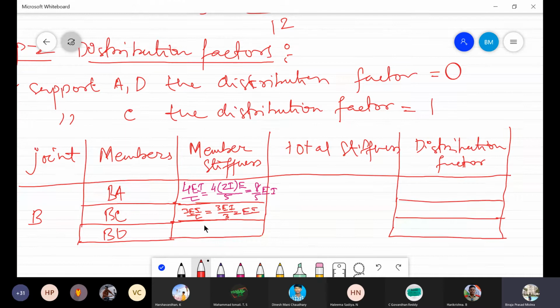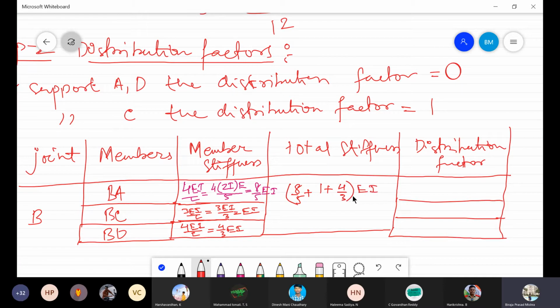And for BD, it is 4EI by L, which is 3 meters again, so 4 by 3 EI. Okay, so what will be the total stiffness? Total stiffness will be 8 by 5 plus 1 plus 4 by 3 EI.